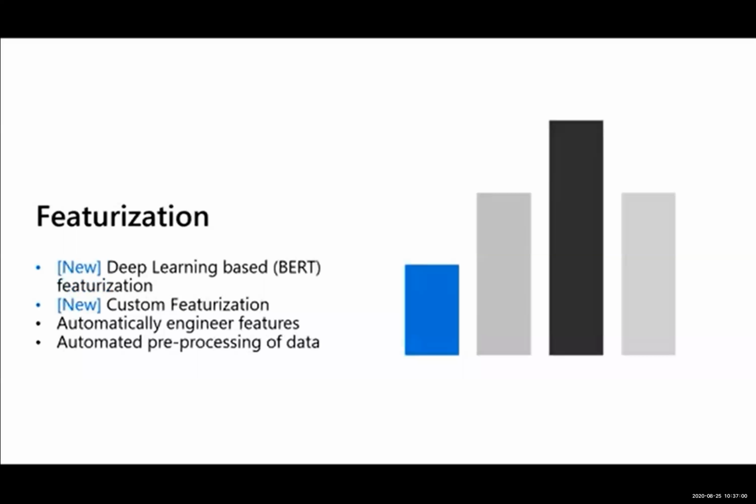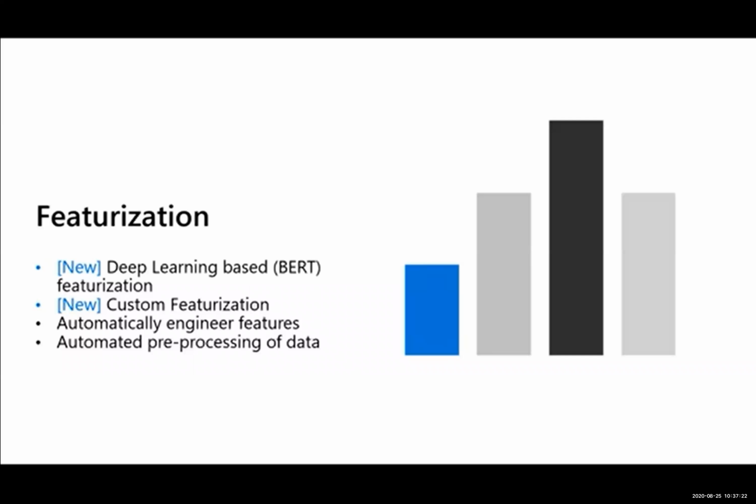As we all know, data and featurization play an important role in the model creation process. And when it comes to automated machine learning, we do both automatic featurization and allow you to do customized featurization. So when it comes to customization, our value prop is to enable data scientists with knowledge on how the data contribute to the model.